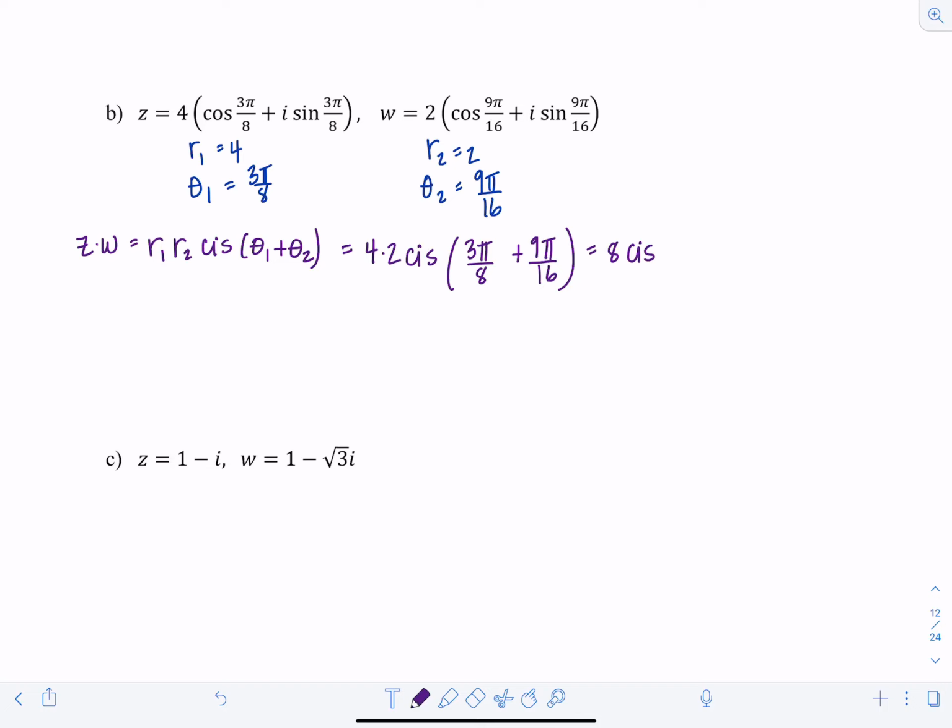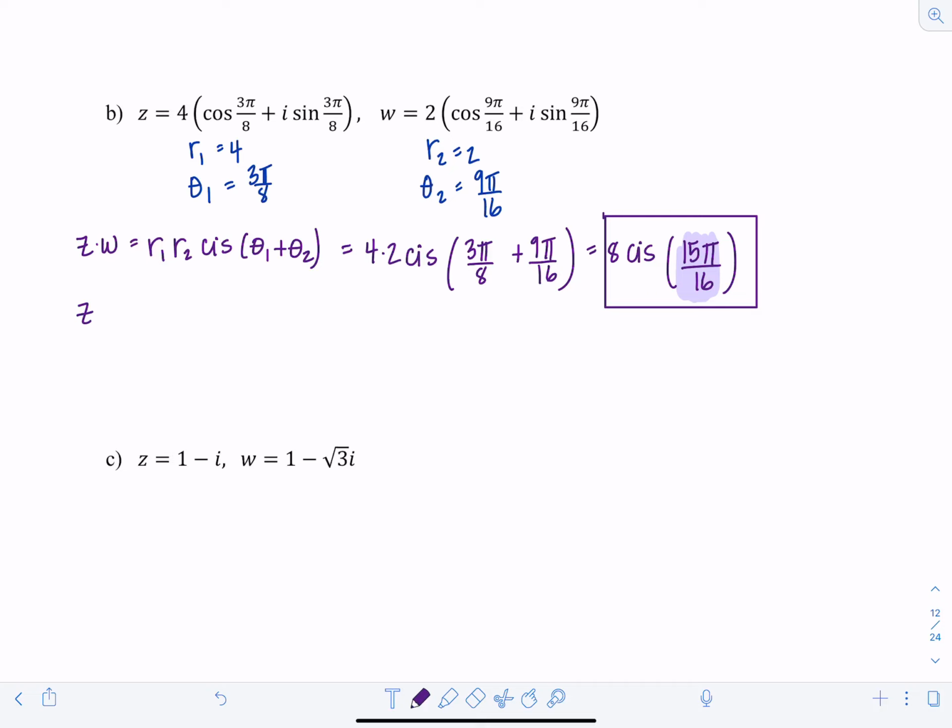So 3 pi over 8, to get a common denominator, I'll multiply by 2. So that's going to be 6 pi over 16. So 6 pi plus 9 pi, that's 15 pi over 16. And then make sure that that angle is between 0 and 2 pi, which it is, so we're good. Otherwise, we'd have to fix it and give something coterminal. Okay, so that's Z times W.